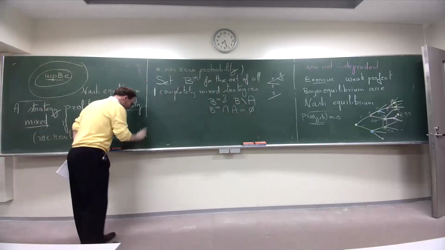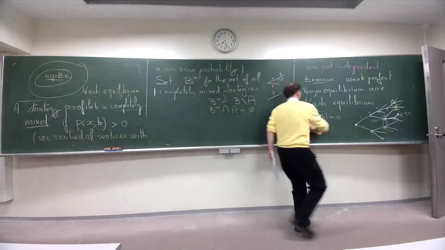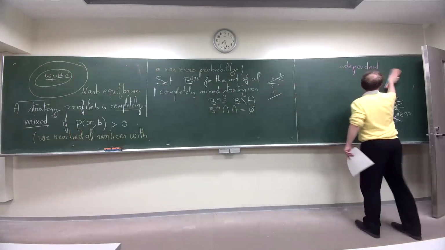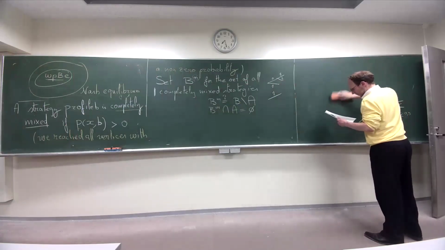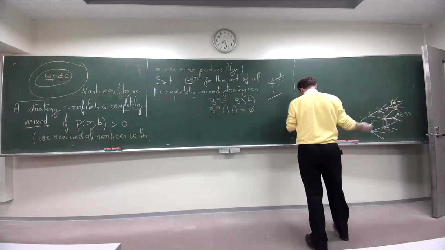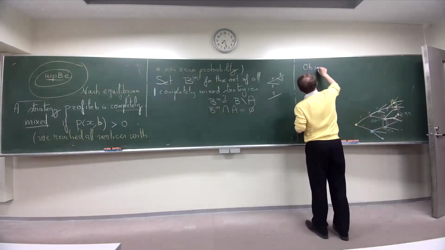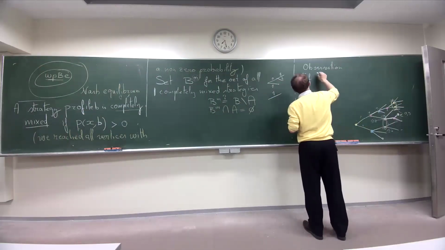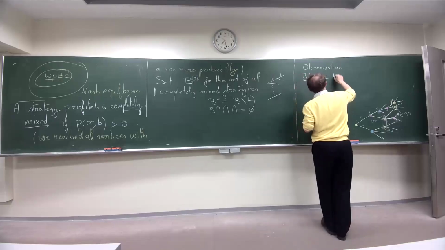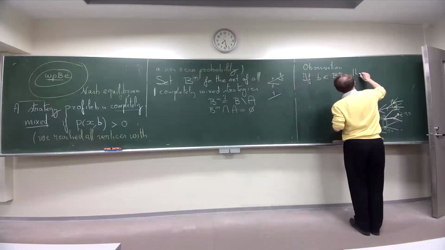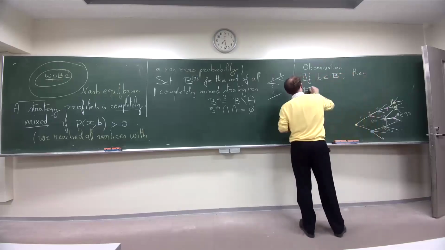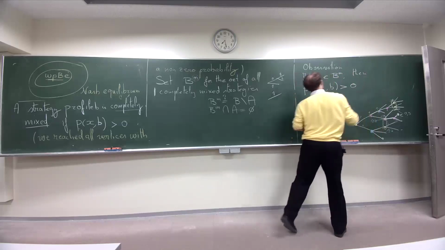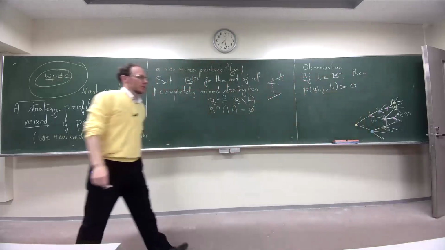The next definition is a bit annoying, but if we understand the main idea, it's sufficient. First, there is an observation, which is something I just mentioned. If B is completely mixed, then P of omega ij B is strictly bigger than 0 because I reach every point.